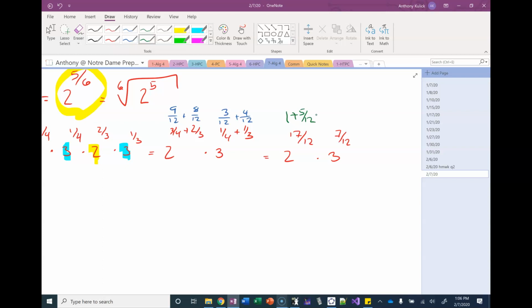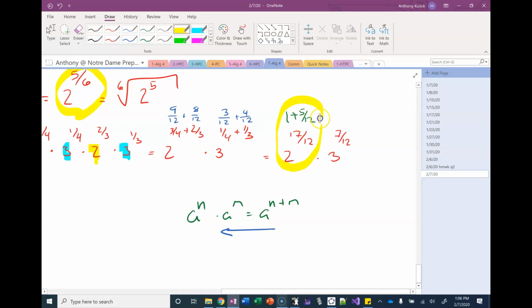Okay. So what I'm going to do now is go back and use this property, but I'm going to use it going in this direction. So this is like my a plus, or a to the n plus m.